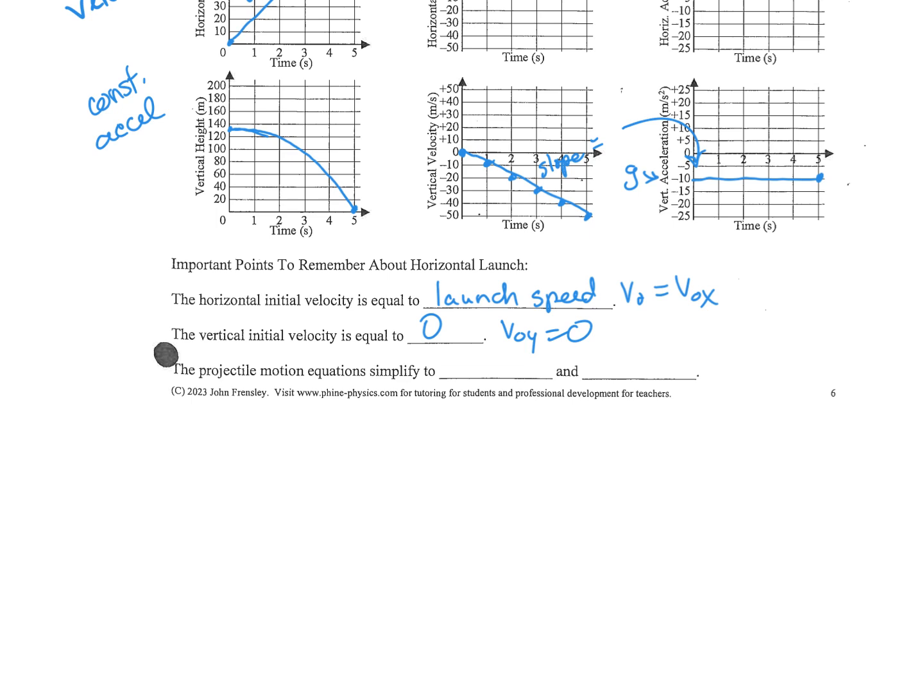Projectile motion equations simplify to x final equals V initial times t, and y initial is equal to 1/2 gt squared. Good things to know, not on your formula sheet, but you can always get them. But these are good things to just memorize.